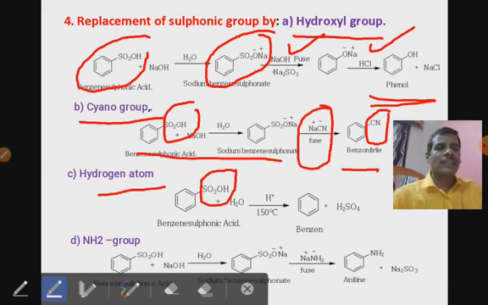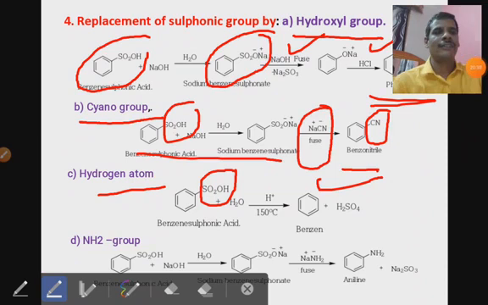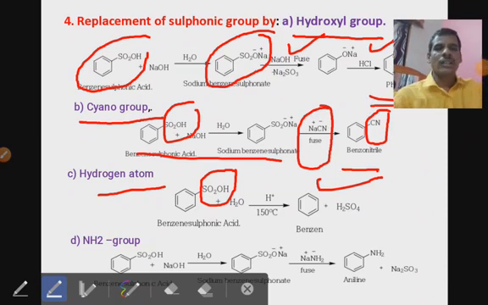The SO3H is replaced by the H plus ion, and there is a formation of benzene. Only in this one reaction is no salt formation required. Again, the SO3H group is replaced by the NH2 group.